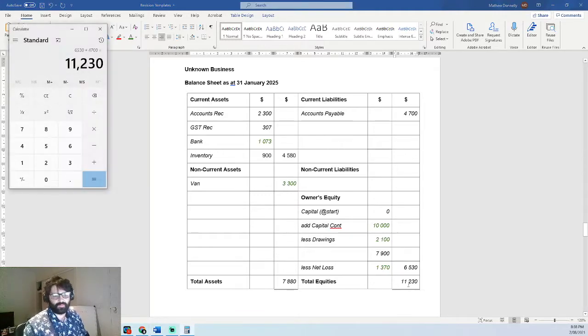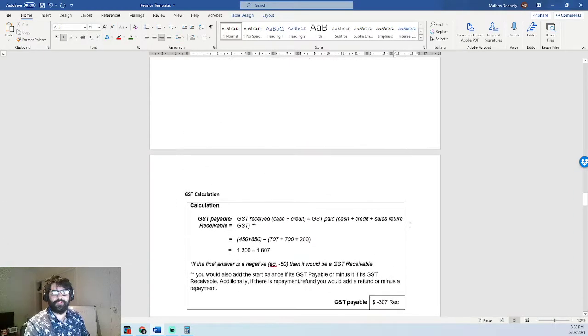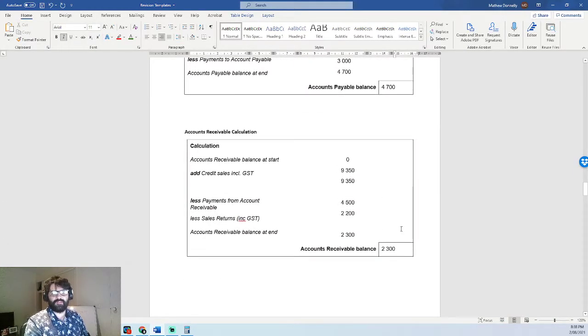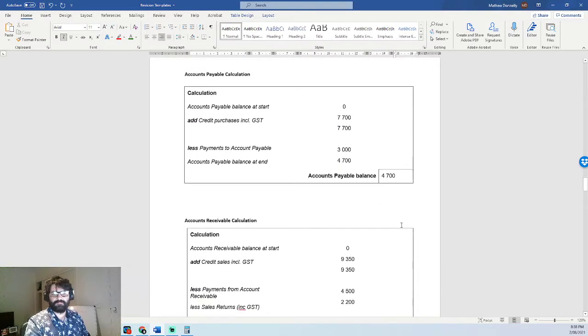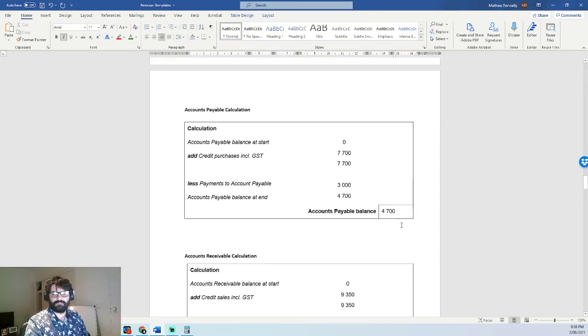Now we have a difference. Why? What is happening? So we look at it. Why is there a problem? 33500. So we need to find where is this error. Just having a look.